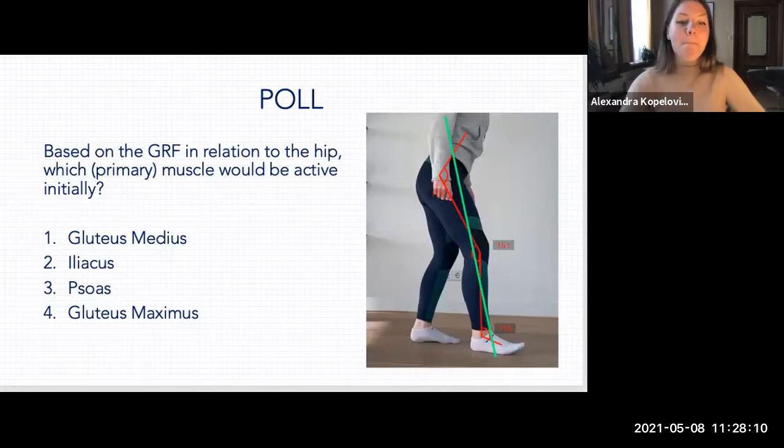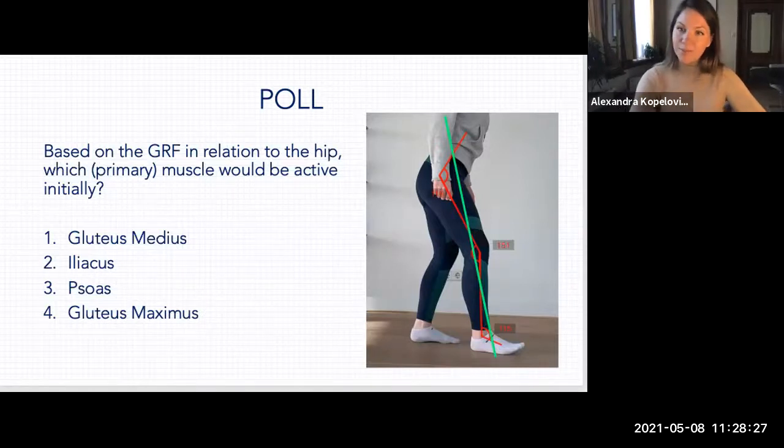Go ahead. So based on the ground reaction force in relationship to the hip, which primary muscle would be active initially? Is it gluteus medius, iliacus, psoas, or gluteus maximus? And I'll give you another 10 seconds for this.